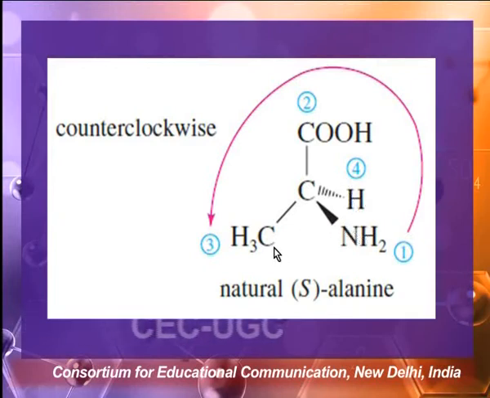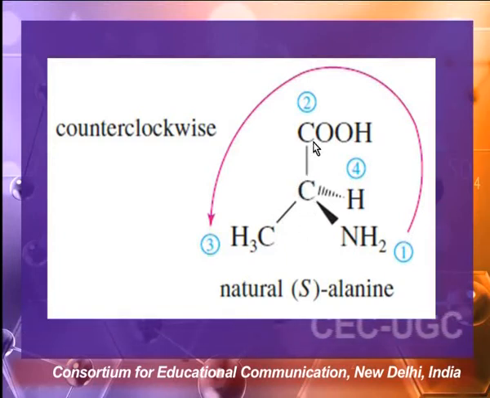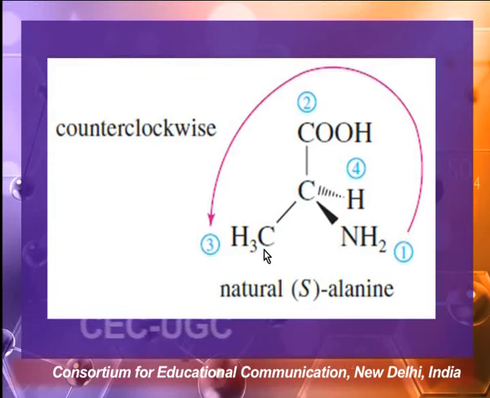But now we have to decide between the methyl and the carboxylic groups. There is a tie between these two carbons which are directly attached to the chiral carbon. So in this case, we will go on to the next atom. Here the atom is oxygen, and here the atom is hydrogen in the methyl group. Oxygen has higher atomic number, that is 8, when compared to hydrogen.